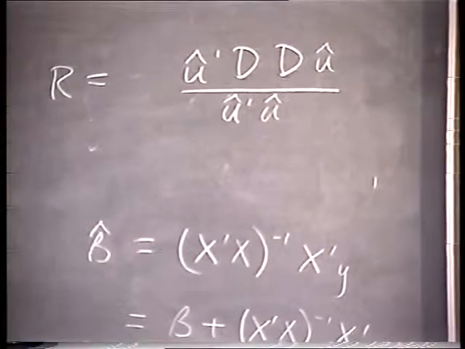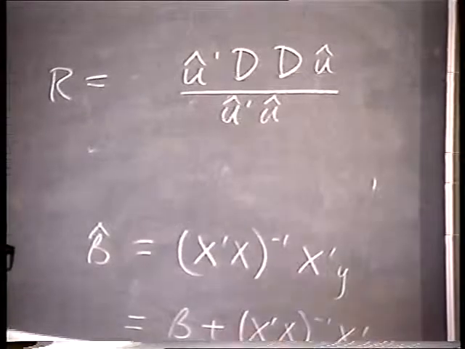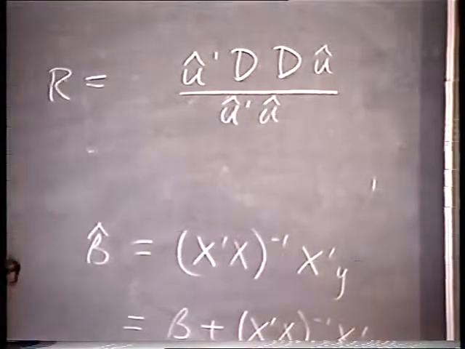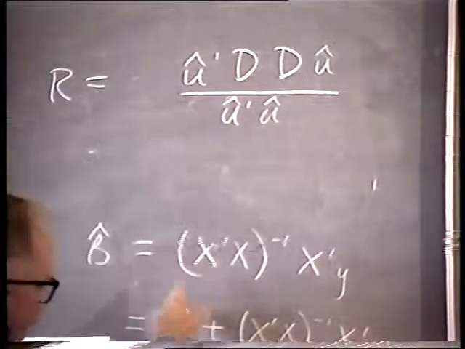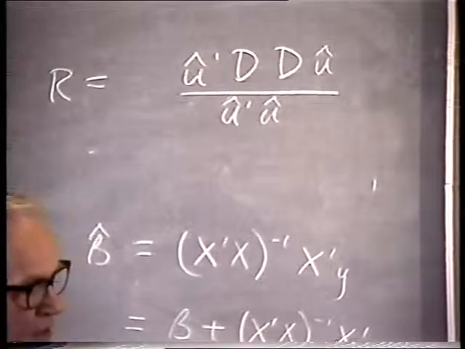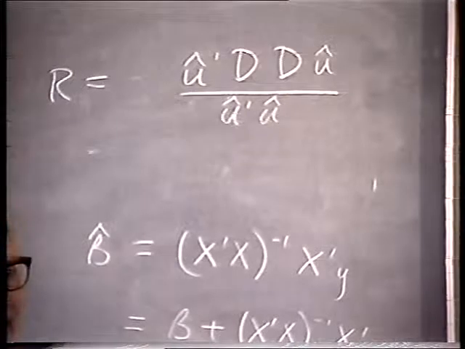It's sometimes regarded as necessary to put in a deviation from the mean here. Instead of u hat itself, take u hat minus u bar, for example. But I'm assuming that we've got a constant term among our x's, so that the mean is 0 anyway.